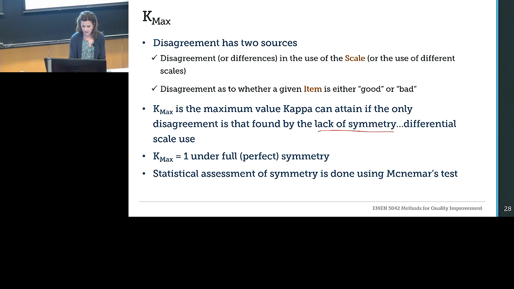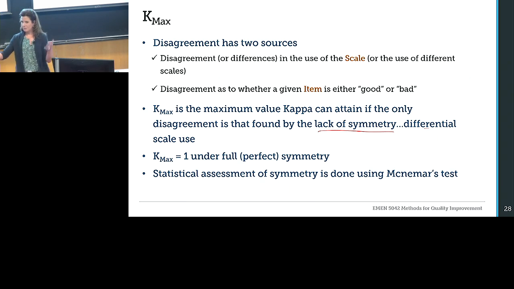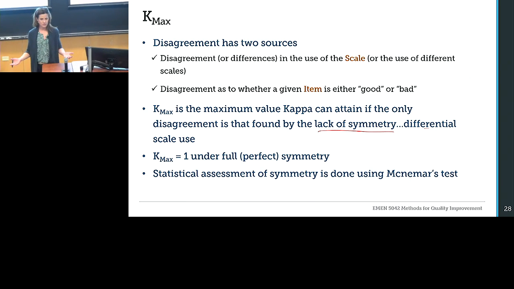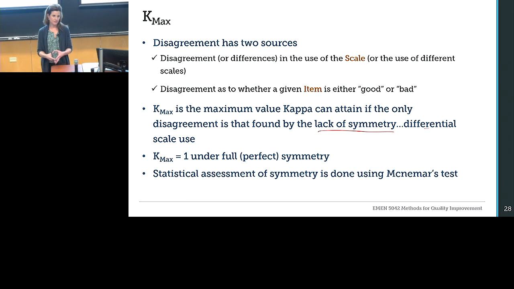So this is related specifically to differential scale use. It's an indicator that people are using this scale differently. That's where you can use this to your advantage to ask, what do I work on? What am I going to have to make more clear so that I can get my inspectors or assessors to have better agreement?